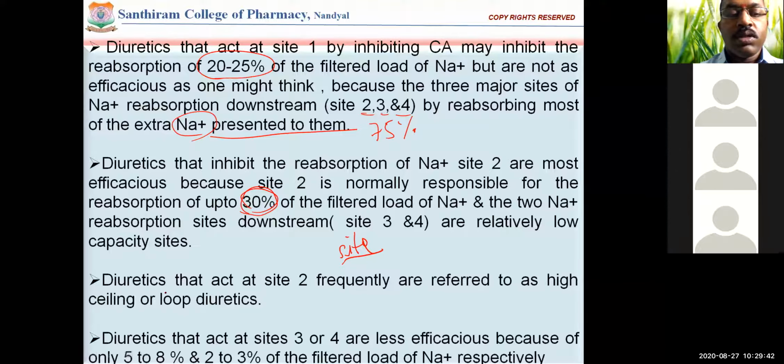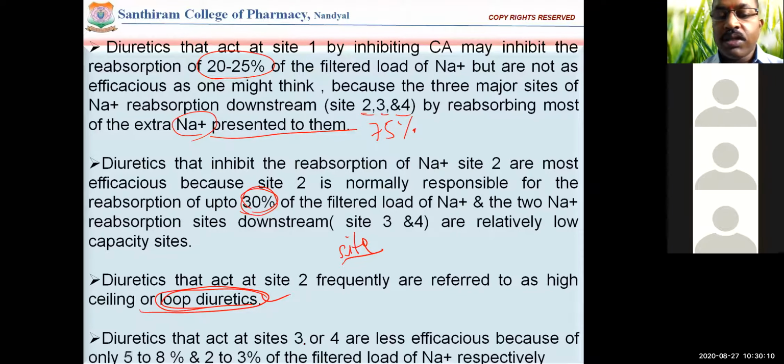Site 2 means the Na plus K plus Cl minus transport system. The diuretics that act at site 2 are frequently referred to as high ceiling or loop diuretics. Why are they called loop diuretics? Because they act at the loop of Henle. And high ceiling diuretics because they have the maximum capacity.